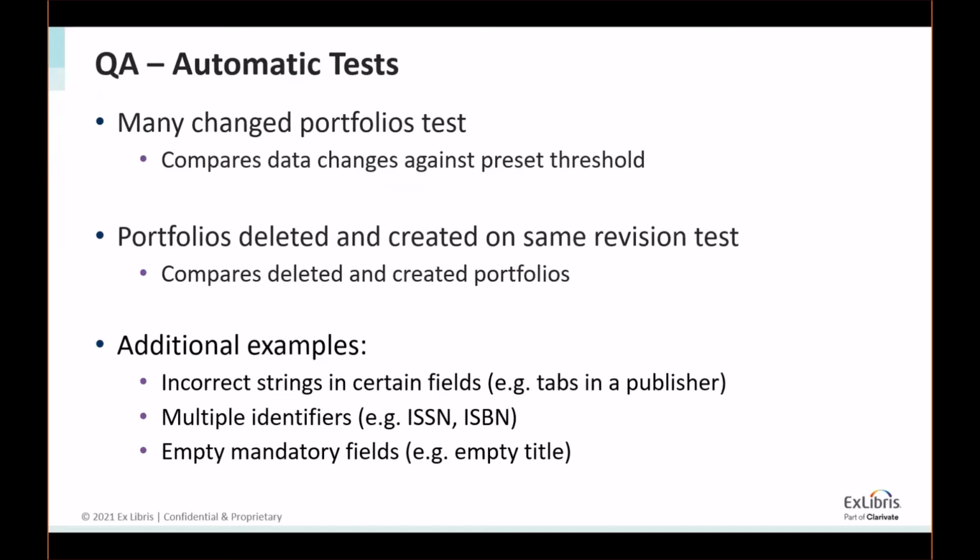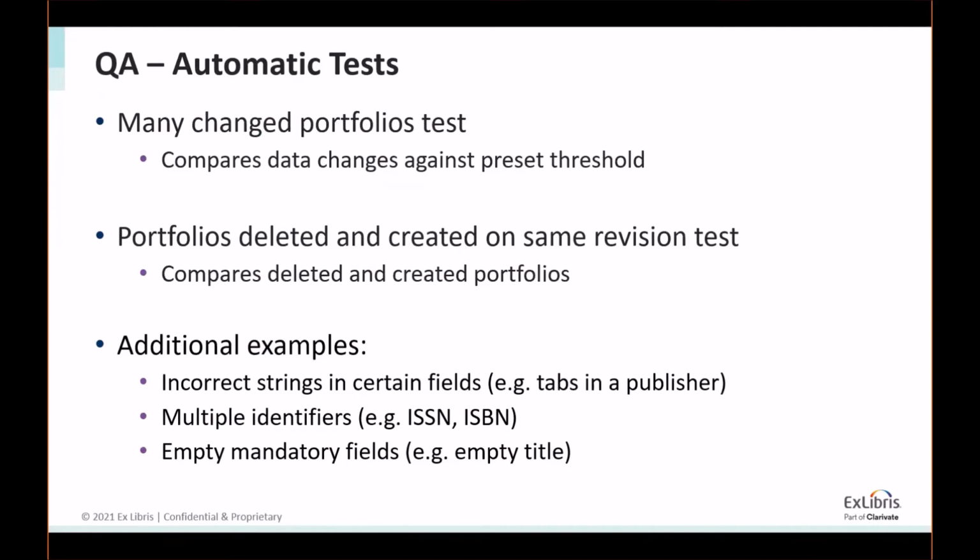Another test which is very important and interesting is we check if there are portfolios that are being deleted and created on the same revision. This means that perhaps something went wrong with the title list.